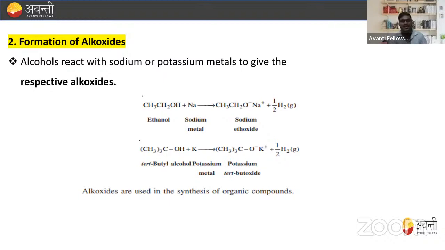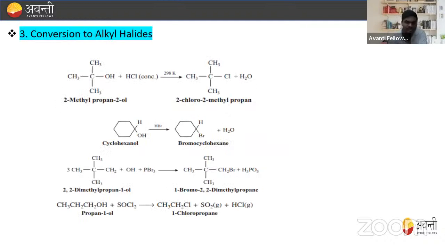For example, here we have ethanol, and this ethanol reacts with sodium to form sodium ethoxide. Similarly, when tertiary butyl alcohol reacts with potassium metal, it will form potassium tertiary butoxide. Alkoxides are used in the synthesis of organic compounds, so many organic compounds are synthesized by using alkoxides.